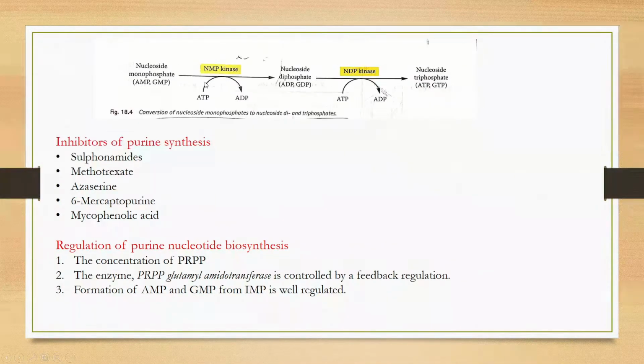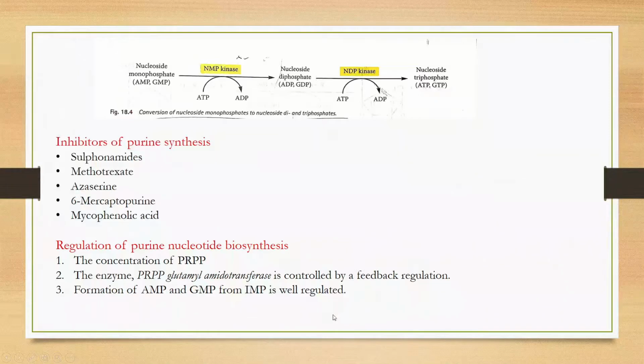ATP donates the phosphate group through a relatively base specific NMP kinase, which catalyzes this reaction and forms the nucleoside diphosphates ADP and GDP. Then nucleoside diphosphate kinase, again using ATP, catalyzes the reaction to form ATP and GTP, the nucleoside triphosphates.